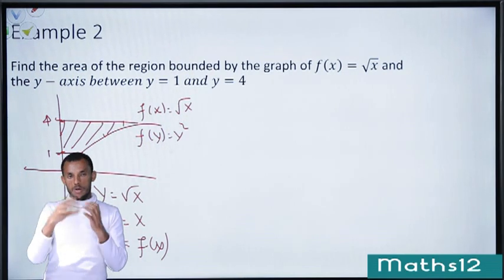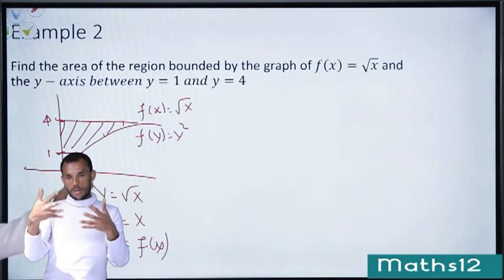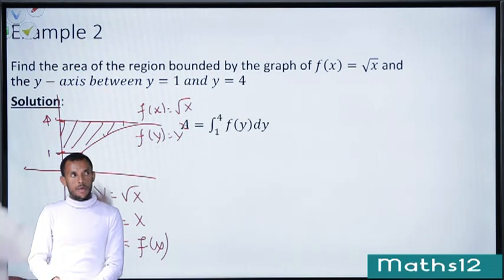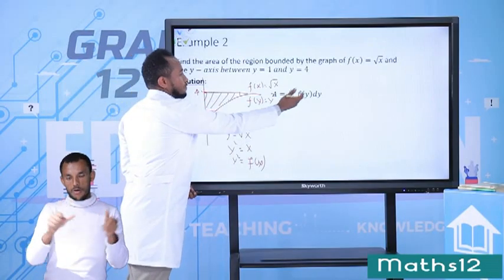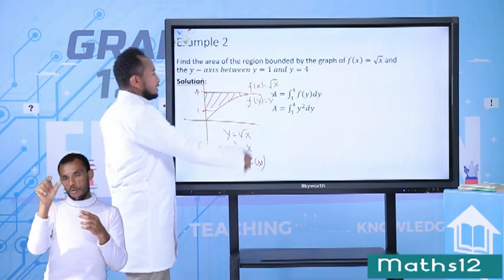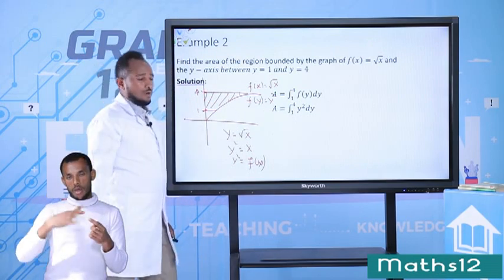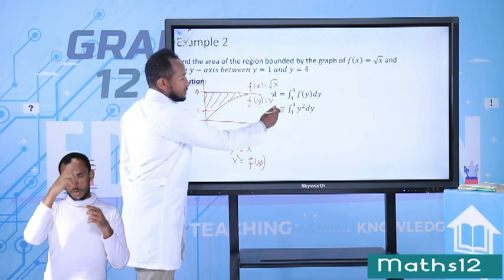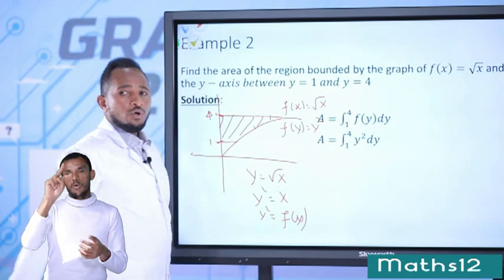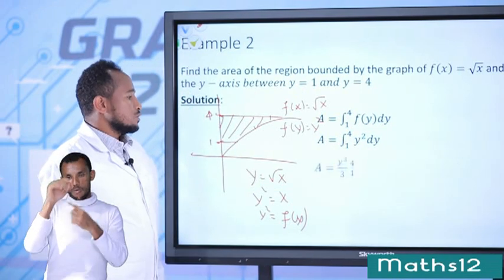So now we can apply the integral formula to evaluate this. The area of this region will be the integration of f of y dy on the interval 1 up to 4, and we have already found f of y to be y squared. Therefore, this area is equal to the integration of y squared dy from 1 up to 4.